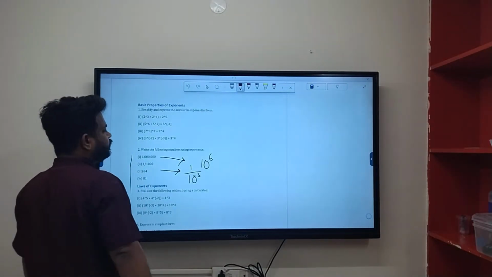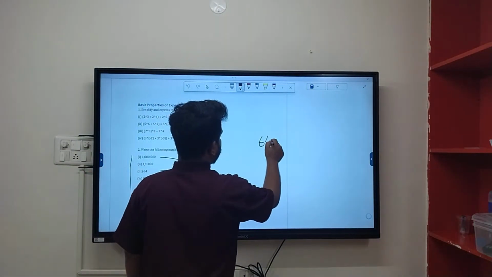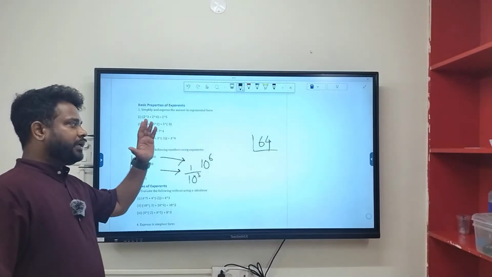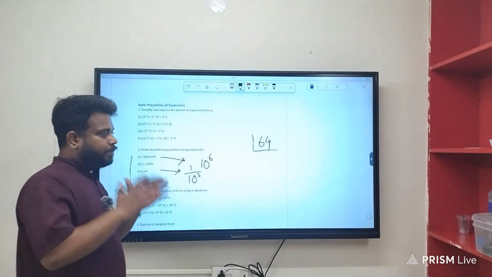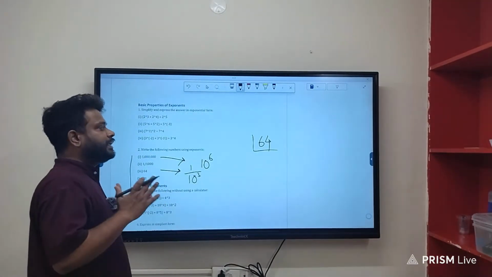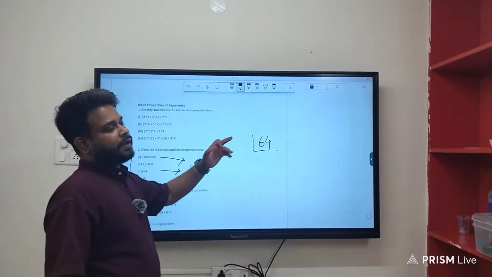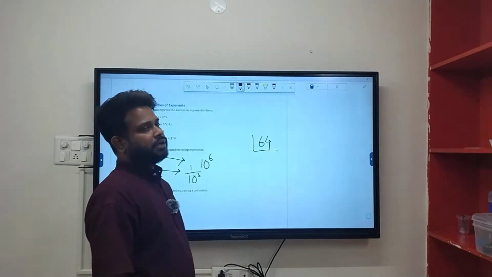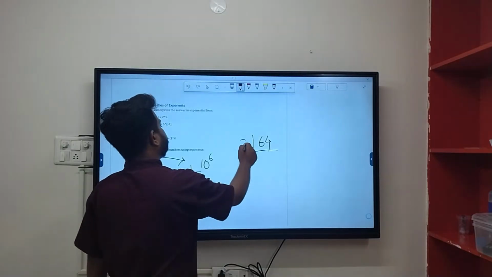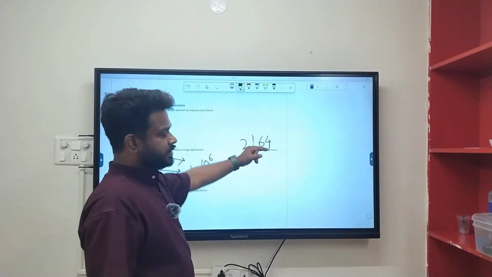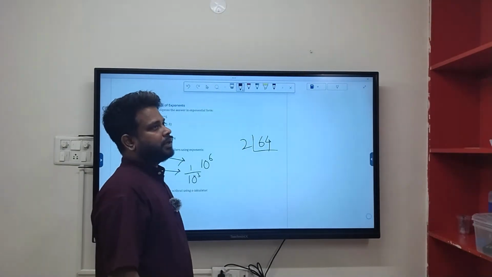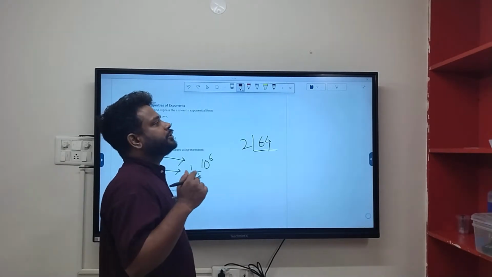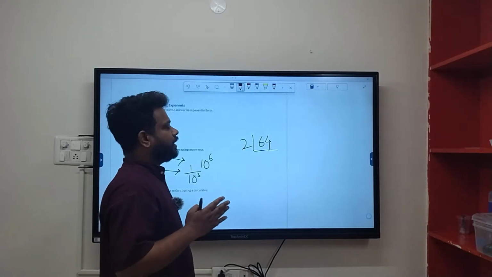Okay, 64. If you want to see whose power a number is, you have to memorize the tables, or you can do factorization to check. So if we factorize 64, this is an even number, and we know that every even number is divisible by 2.